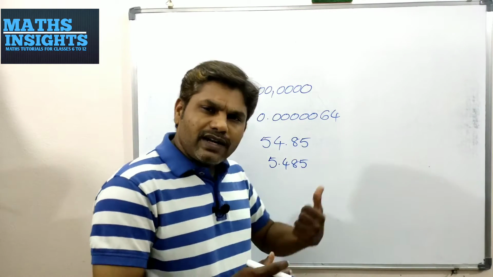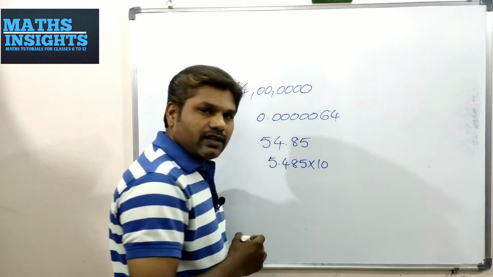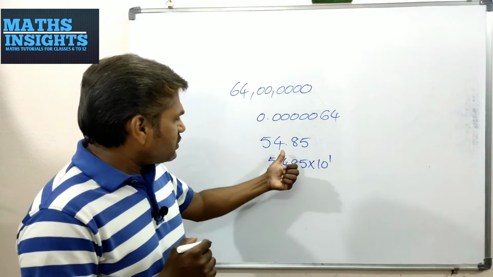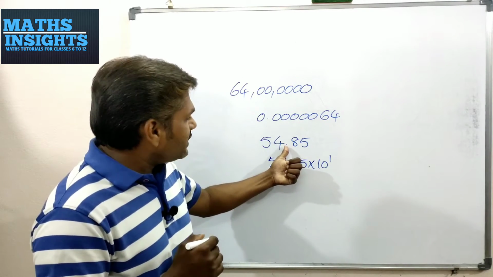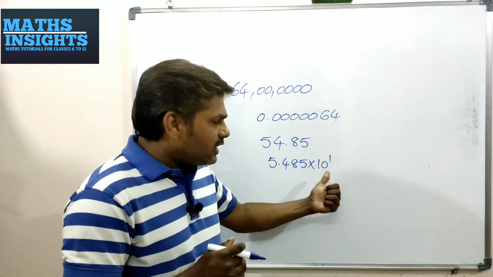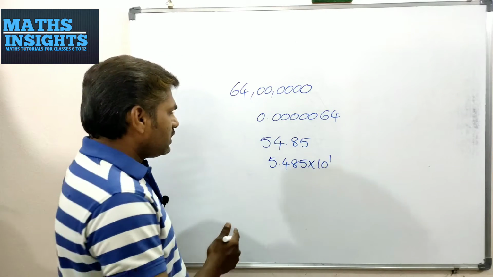So to balance it, you have to multiply with 10 raised to positive 1. Why? Because you are moving the decimal point towards the left. So you have to multiply it with 10 raised to power positive 1.